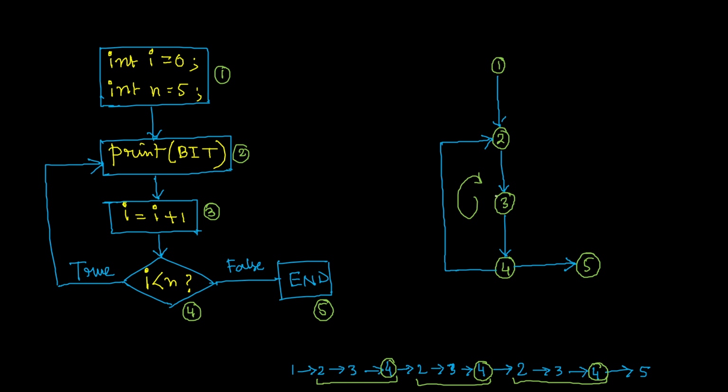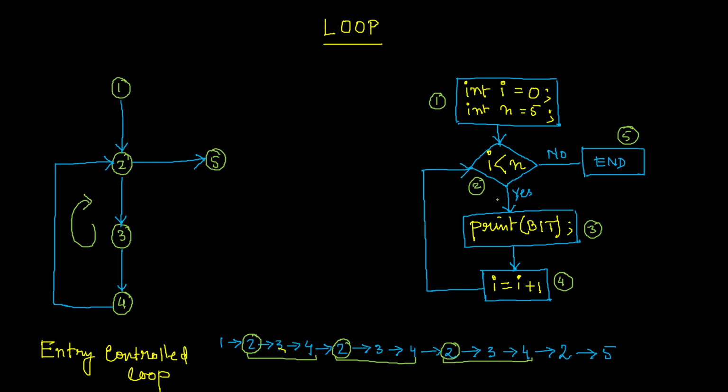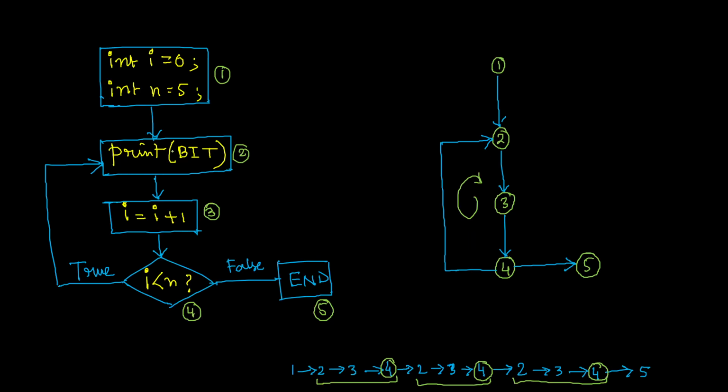So here you see what we are actually doing. We are keeping the gate. If I consider the same concept of gate, the gate is present over here, not at the first part of the loop. If the gate is open, then you can re-execute the loop. But if the gate is closed for the first time, then you come out of the loop.